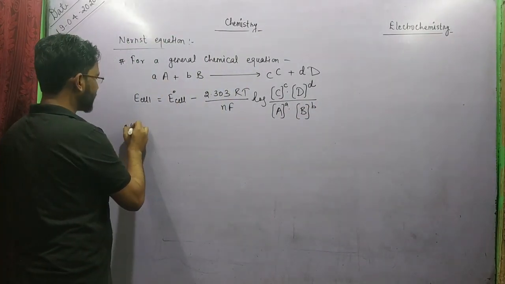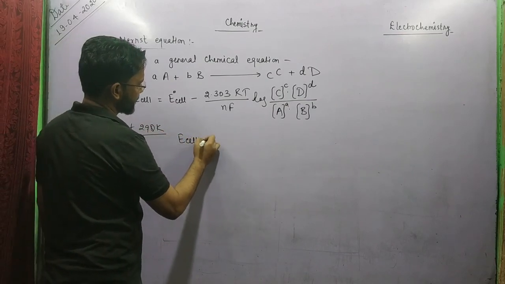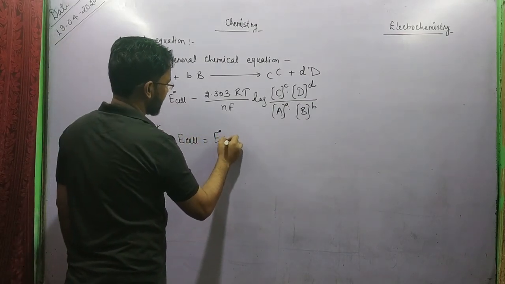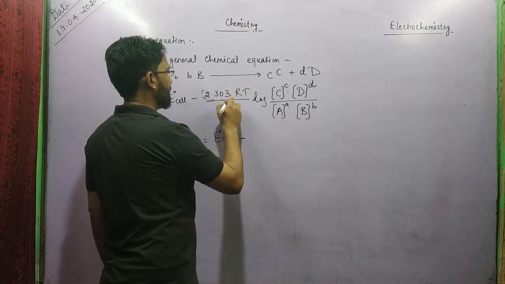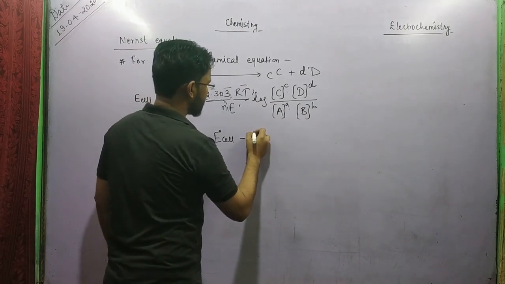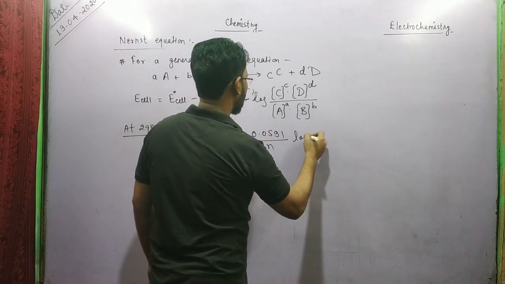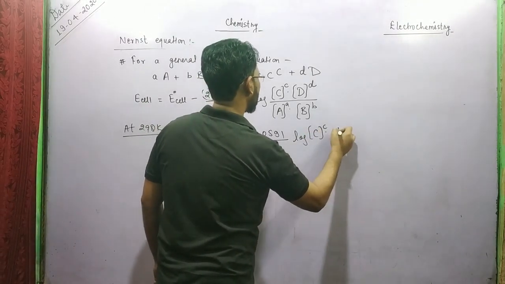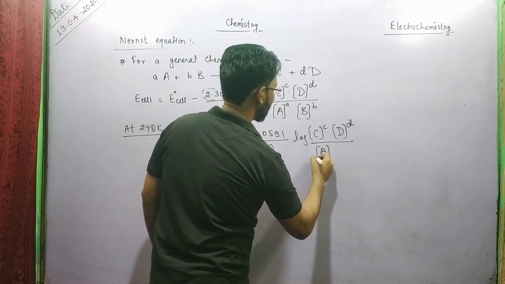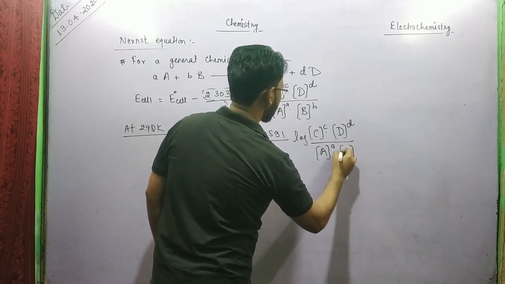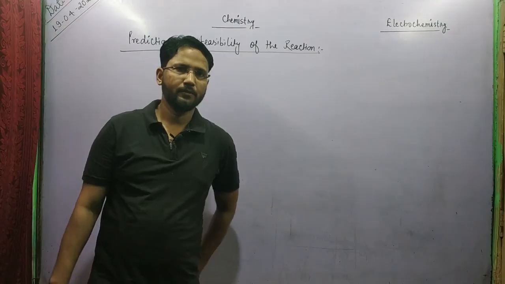At 298 Kelvin, the equation becomes E cell equals E naught cell minus 0.0591 over N log of C^c D^d over A^a B^b. This is the equation for a general reaction.